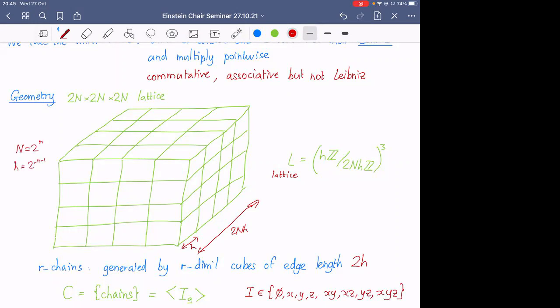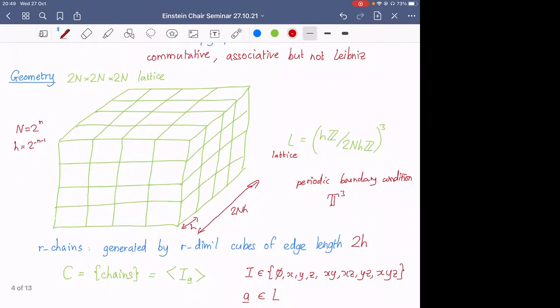So I do this, and we have a unit cube that we're subdividing in each direction into 2^n pieces. And so this is what we would want if we want to discuss periodic boundary conditions. And so the geometry is really just that of the 3-torus.